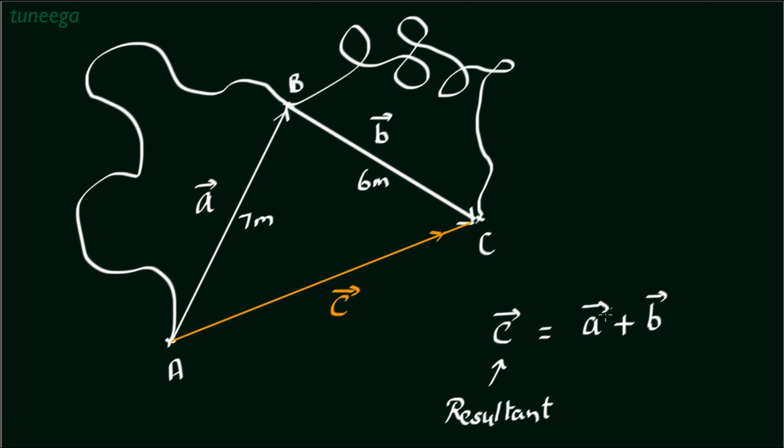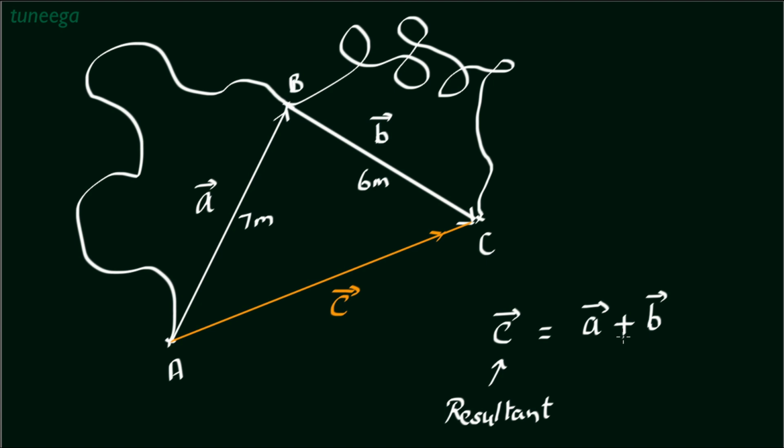The vector sum of the two, which is C, as you can see from the drawing, is not 13 meters long. So you do not perform ordinary addition when you are adding vectors. So the plus in this context represents something else altogether.